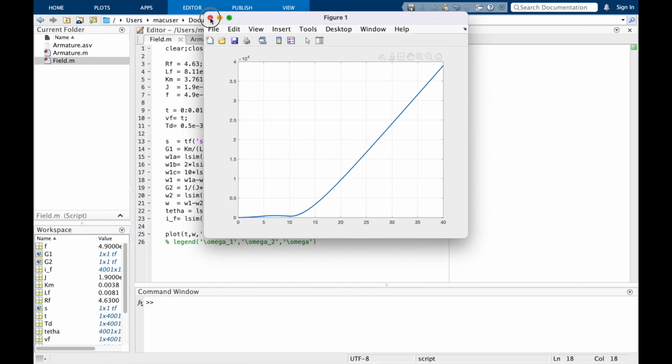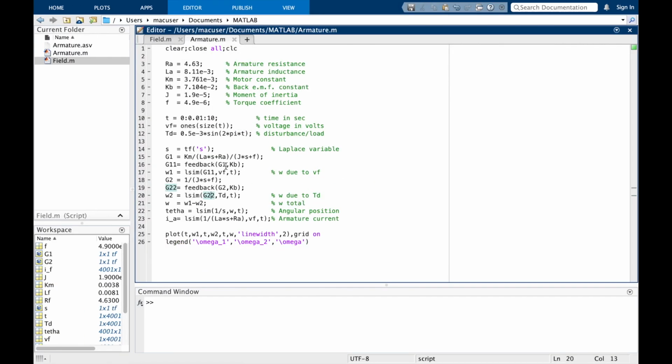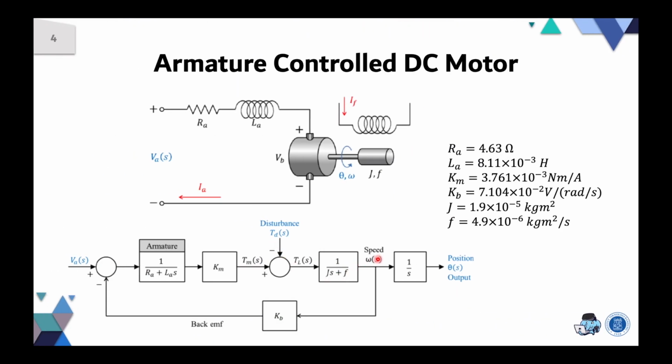And then let me show you. This is the armature. Firstly, I'm declaring G1. Have a look. G1 is Km over (LAS plus RA) divided by (JS plus F). So what I do is this omega is equal to VA multiplied by this transfer function, multiplied by Km, multiplied by this transfer function.